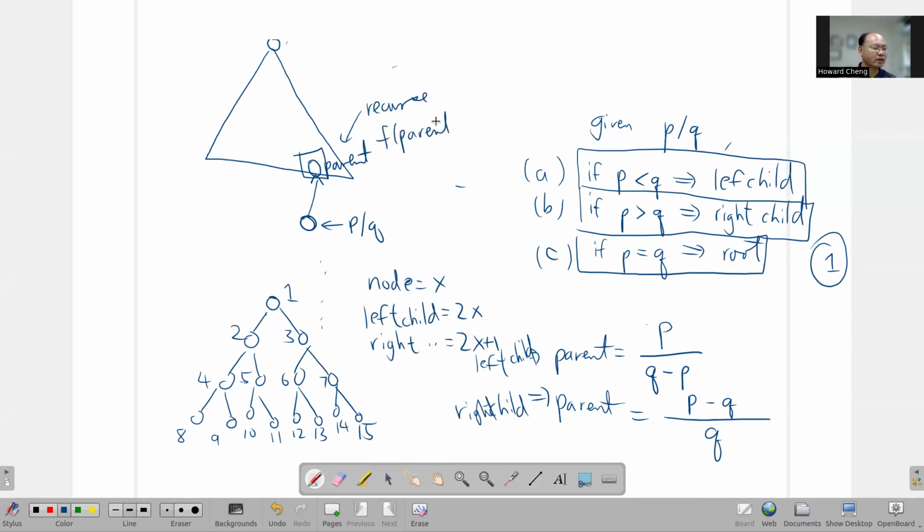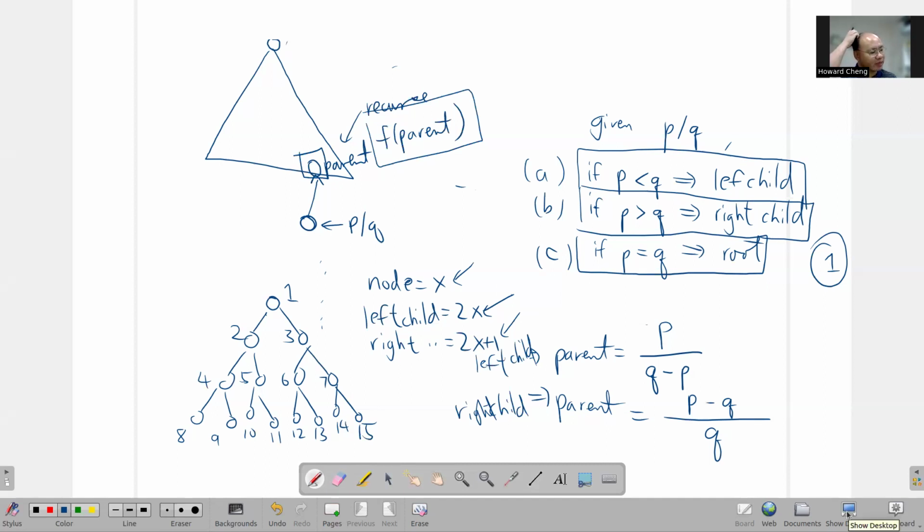Let's call f the number for that node. Because I know that if the parent is x, my answer is 2x if I'm a left child, or 2x plus 1 if I'm a right child. So all I have to do is figure out my parent, recursively ask what my parent's number is, and then either 2 times x or 2 times x plus 1.